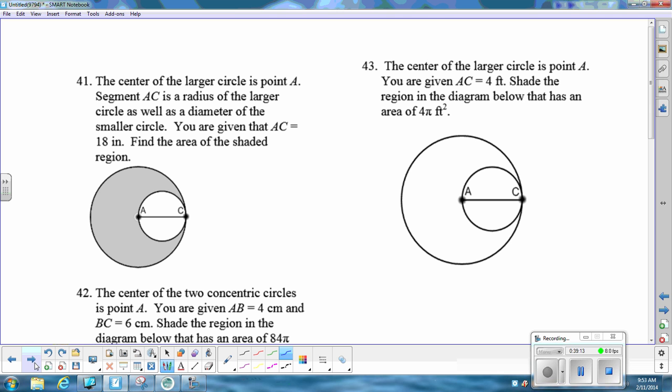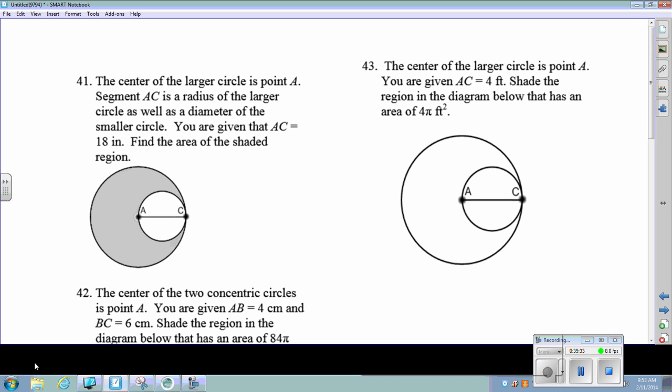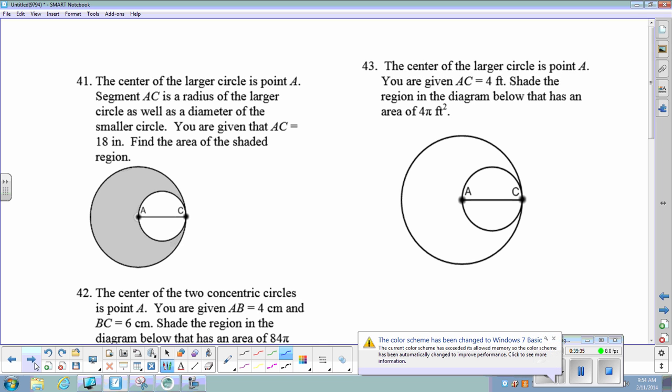41. When you look, the center of the larger circle is point A. And segment AC is the radius of the larger circle and the diameter of the smaller. So our big circle, we know the radius is 18.